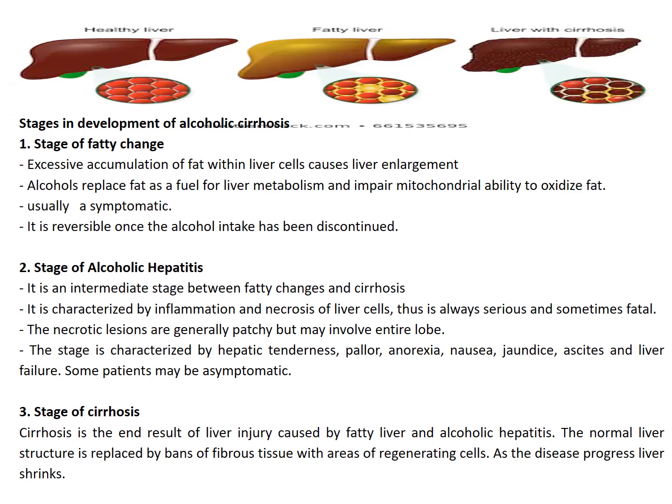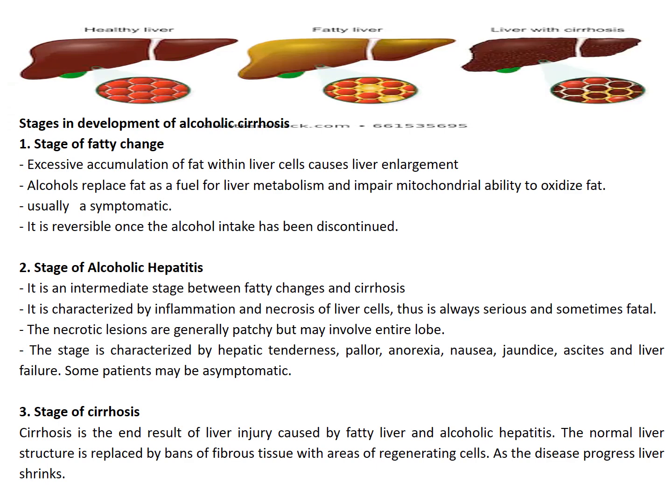The second stage is the stage of alcoholic hepatitis. It is an intermediate stage between fatty change and cirrhosis. It is characterized by inflammation and necrosis of liver cells, thus it is always serious and sometimes fatal.